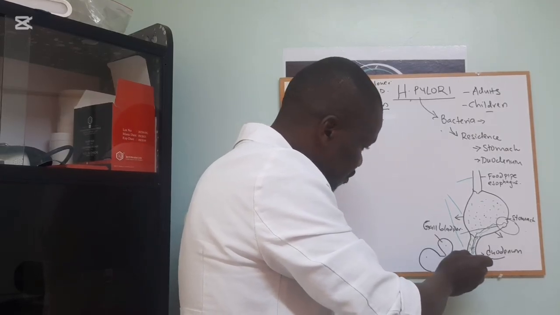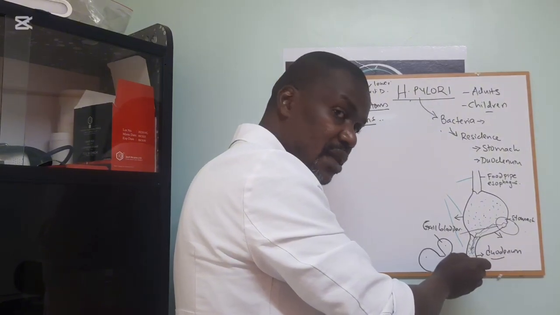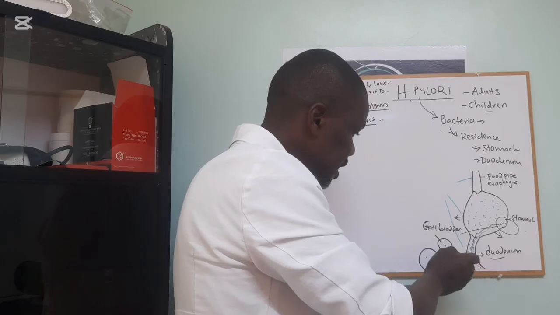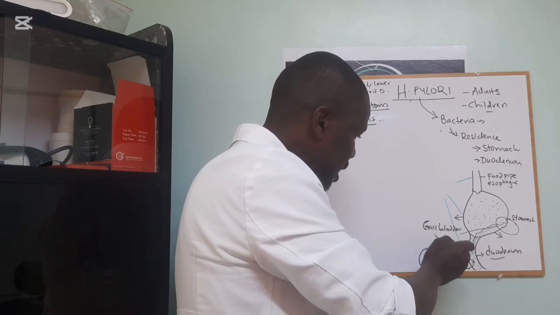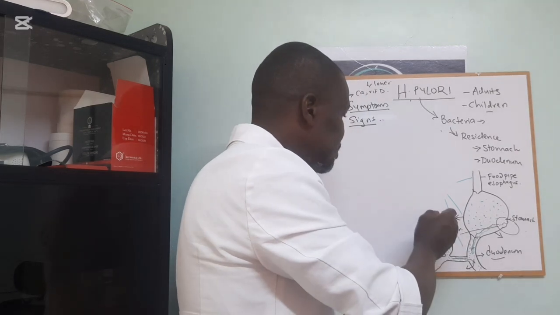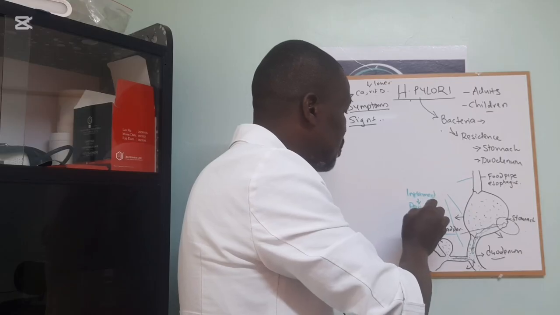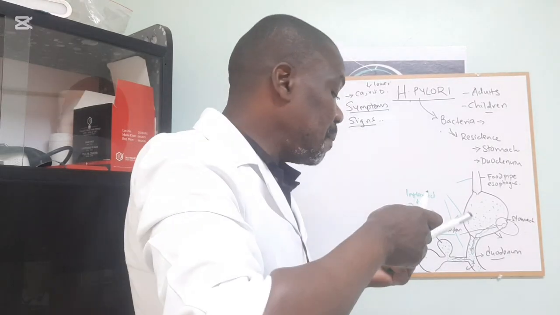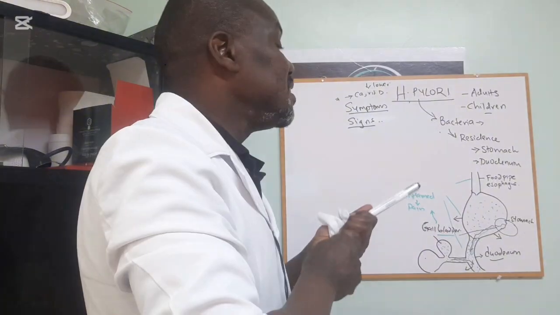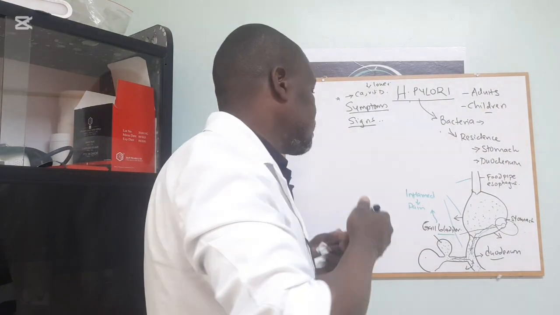This H. pylori will follow this tract that delivers bile into the small intestine, and the first organ that they're going to encounter is the gallbladder. So what happens to the gallbladder? It becomes inflamed. When it becomes inflamed, they present with more pain and more vomiting. And the pain is usually so intense that they are not able to sit upright, or they are not able to sleep on their back.